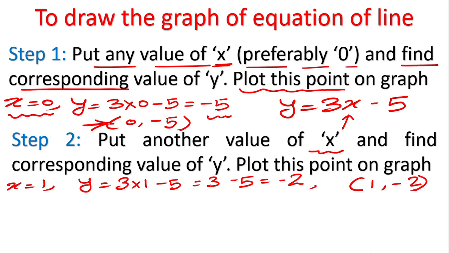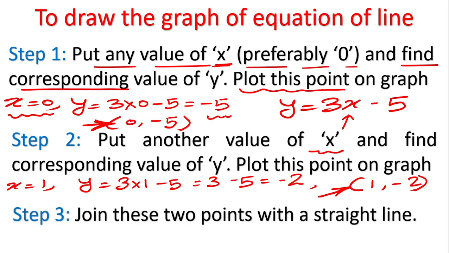One is (0, -5) and another is (1, -2). You will put these points on the graph paper and you will join them with a straight line. Okay, with the help of a ruler you can join them to get your final graph. So these are the steps of how to draw the graph of the equation of a line. Now let's try to understand with the help of some examples.